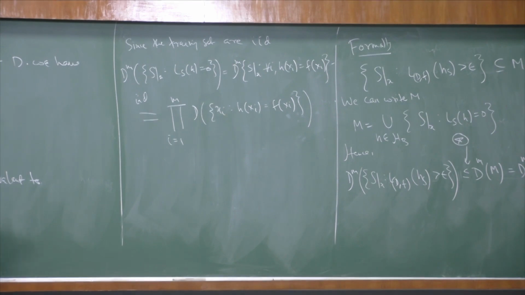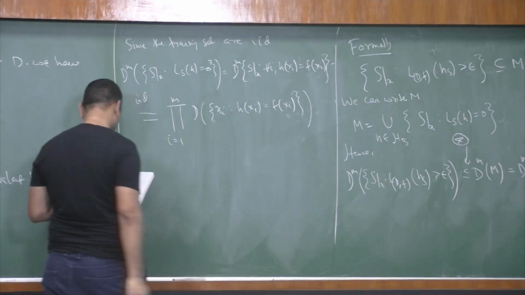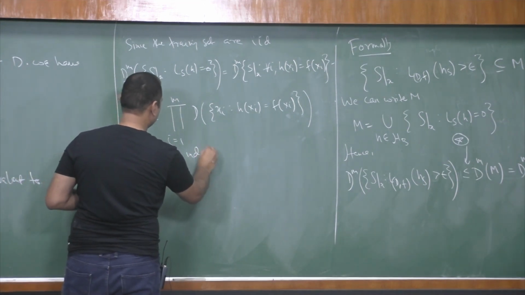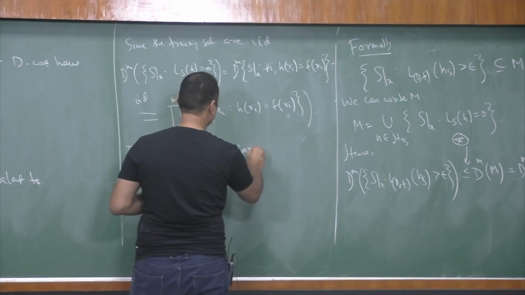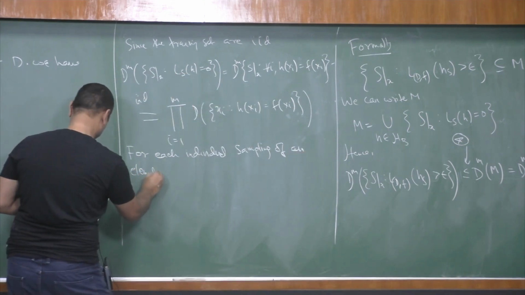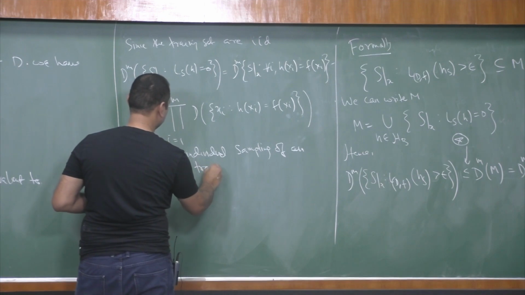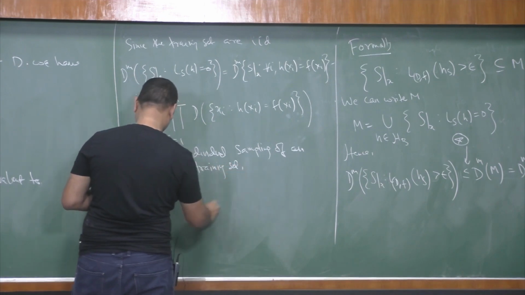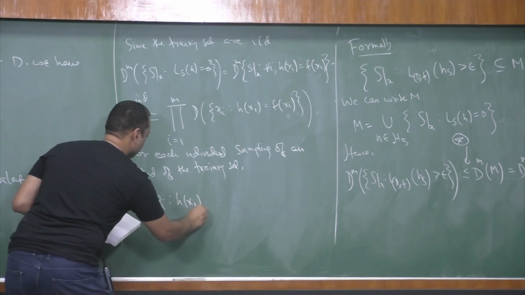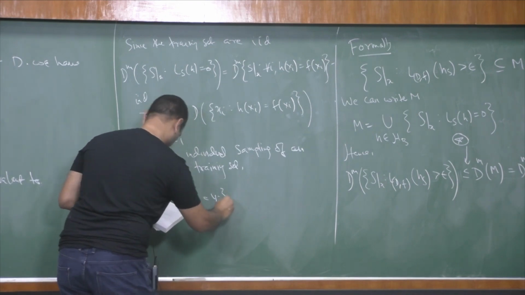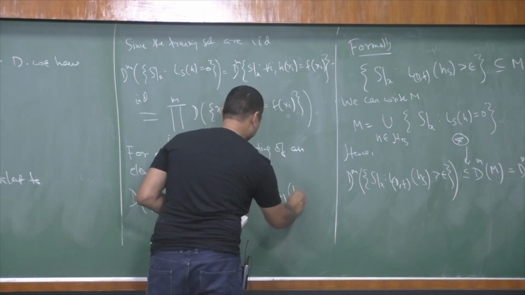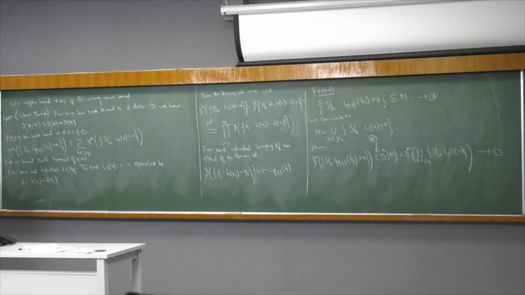Now we focus on each of these individual terms. What is this probability? For each individual sampling of an element of the training set, D of {x_i : h(x_i) = y_i} is 1 minus L_{D,f}(h). Why is that?